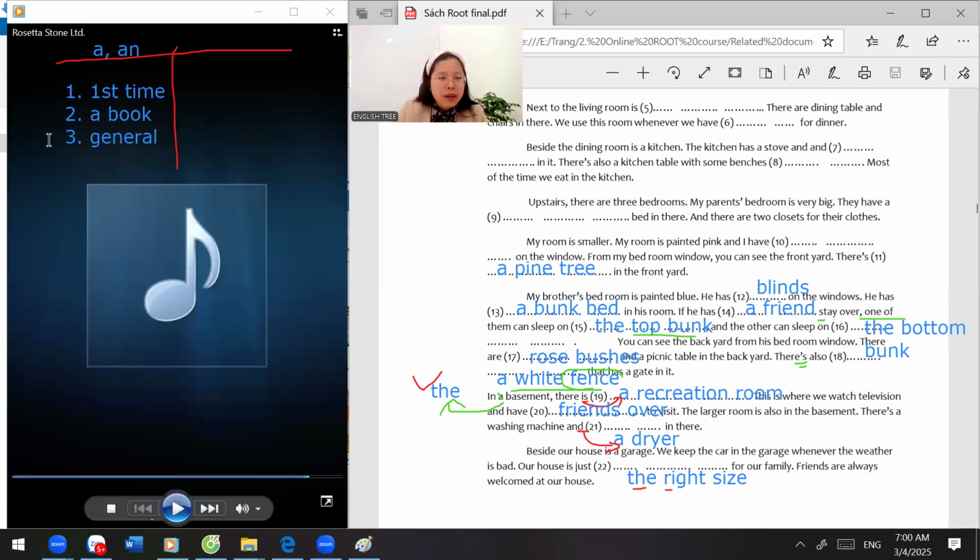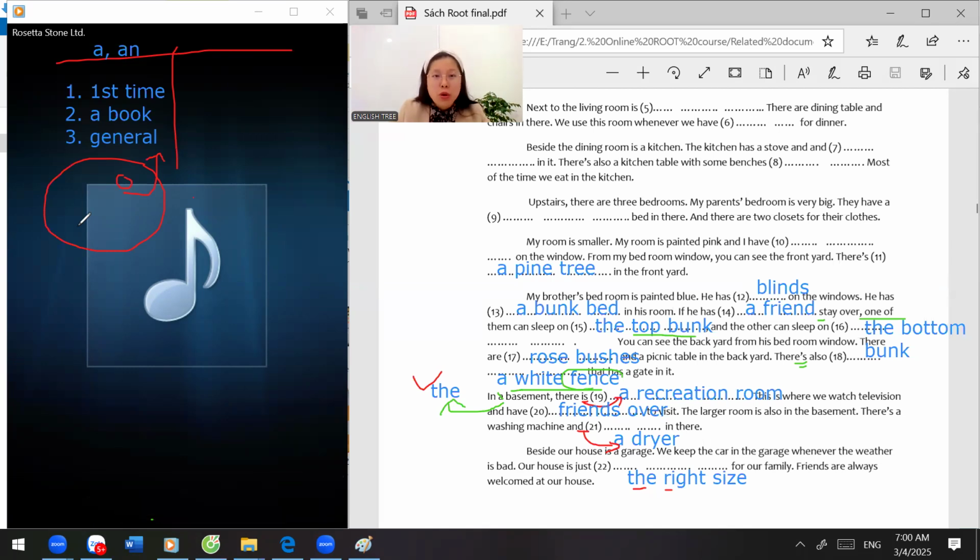You don't want to talk about the whole plural, but you talk about one as a representation, as a symbol of the whole. Then you can use this. A cat is good for the house. A good book can help you to overcome hard times.